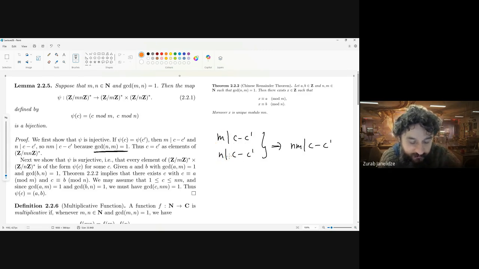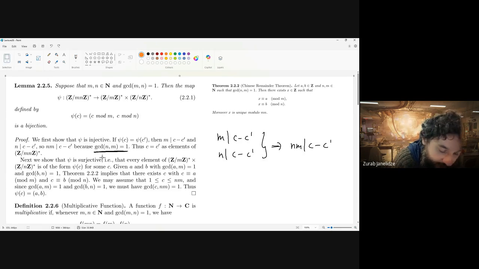The fact that m divides c minus c prime means that every prime factor of m is also encountered in the prime decomposition of c minus c prime as many times as it is encountered in m. And the same holds for n. But because n and m have GCD 1, all the prime factors of m are distinct from the prime factors of n. So they have different prime factors.